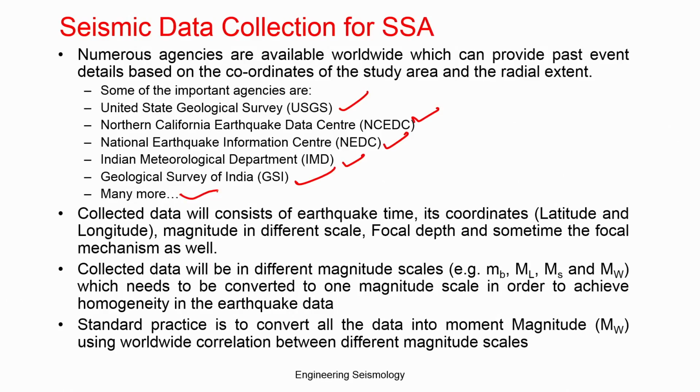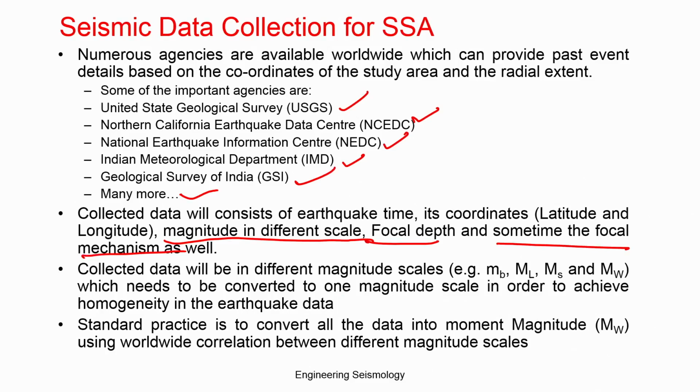It should not be limited; you should visit all the sites and collect as much data as is available. This collected data generally consists of the earthquake location, like latitude and longitude, magnitudes of the earthquake, which may be in any scale: ML, MD, MC, MS, MB and MW, and then the focal depth, and sometimes the focal mechanism. That is what we saw in the last class.